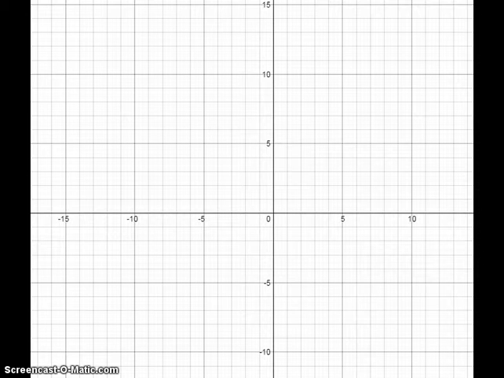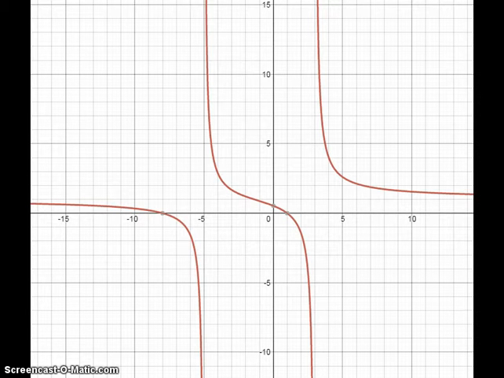I'm going to go ahead and type it in, and we've got this curve, and we're hoping that -5 and 3 do not have a corresponding y value on the graph, and sure enough, it looks like at -5 the curve just bends steeply down, and it will just keep going and going down, never reaching -5, and this leg here is going to rise very quickly, approaching -5 from the left.